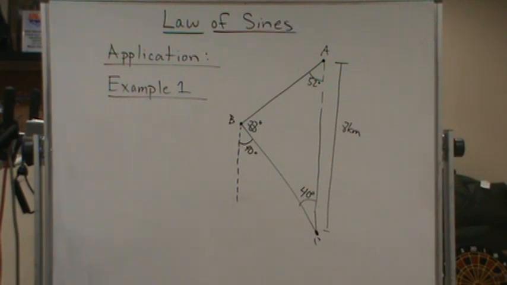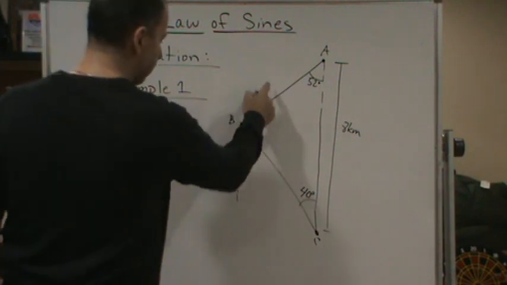Okay, now let's use the law of sines to solve for A and C, right? So we just need to find these two.